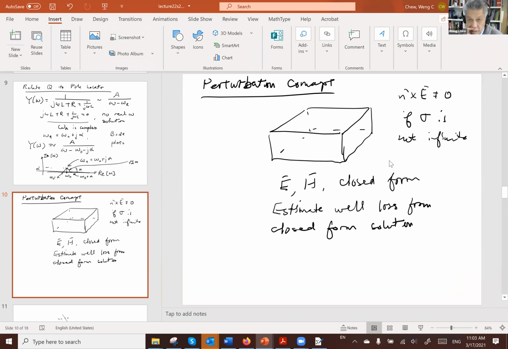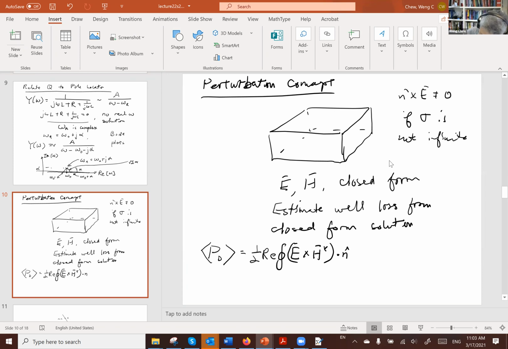Okay. And if n cross E is not equal to 0, the power dissipated by the wall is proportional to half the real part of E cross H. So this is the Poynting vector in the cavity.